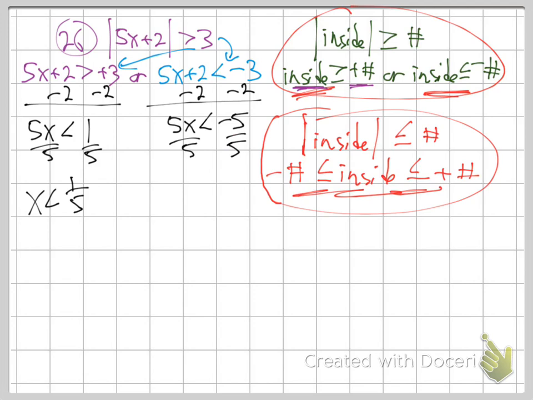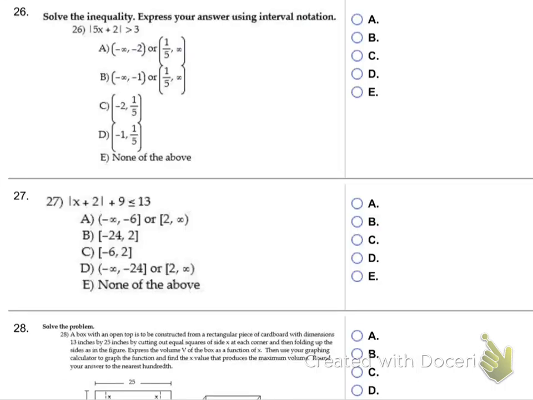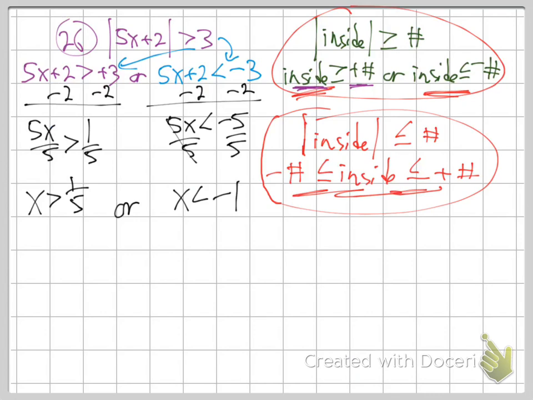Oh, did I flip the sign? Look at this. What did I do over here? This should have stayed greater. Sorry. And x is less than minus 1. There we go. Greater than 1/5 or less than minus 1. That's what they want here, right? Oh, they have intervals. Okay. How can we write those as intervals? Let's go ahead and put them on a number line.